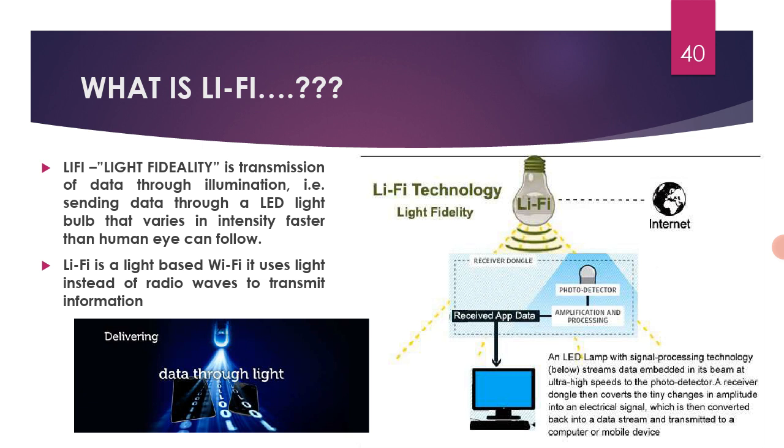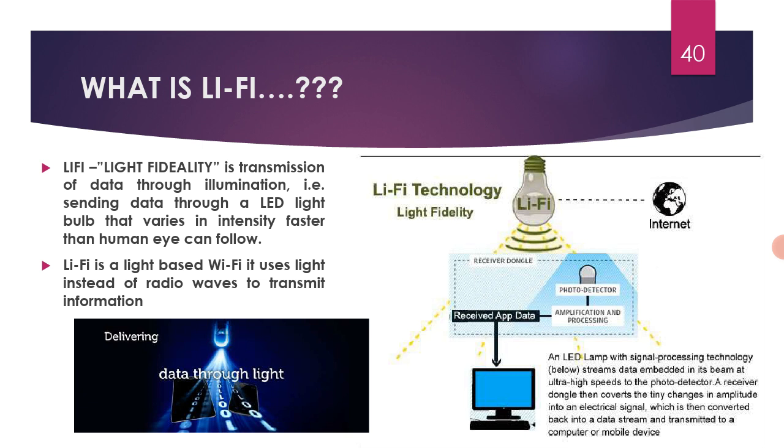The pictorial representation will clearly explain Li-Fi. Here the bulb is the Li-Fi source, connected to the internet, and in the receiver dongle there will be a photo detector and an amplifier.